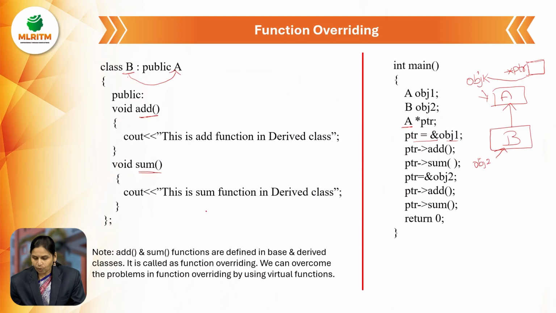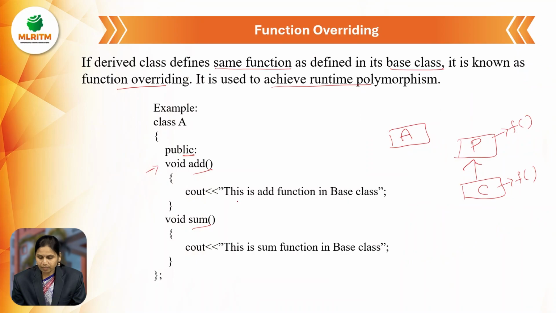Here we will get the output: this is add function in base class. This is the first output. The PTR pointer calls the add function from the base class, so we get this line as the first output line.